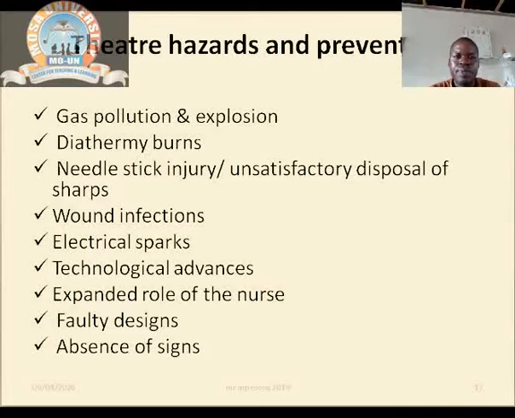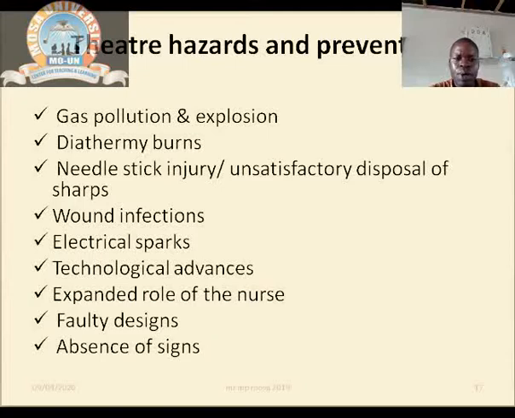Or if they happen to fall down, they can explode. We also have the diathermy machine. The diathermy machine can burn if you don't know how to use it. So it can also be a source of burns. So we need to prevent this by ensuring that these machines are kept properly.